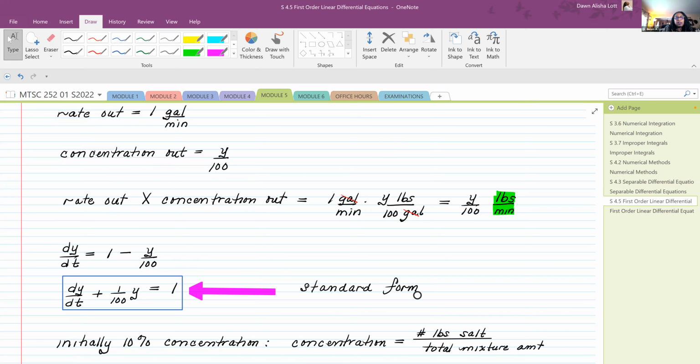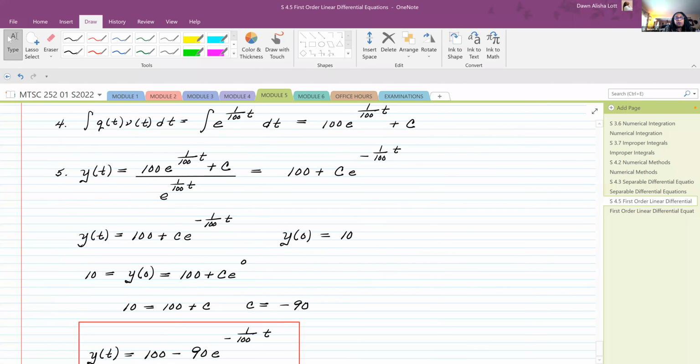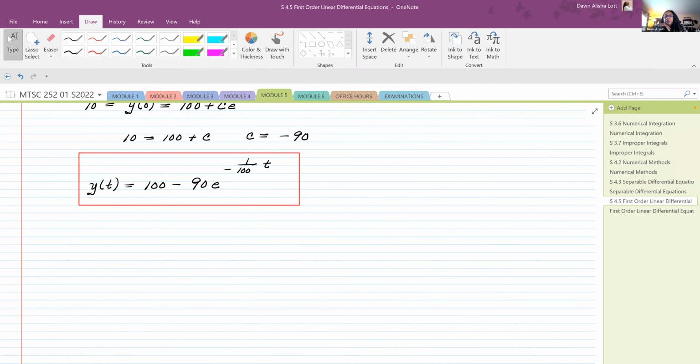Okay, so how do I solve that? Would it be rate in times concentration in minus rate out times concentration out? Okay, actually, we don't have to do that much work anymore.